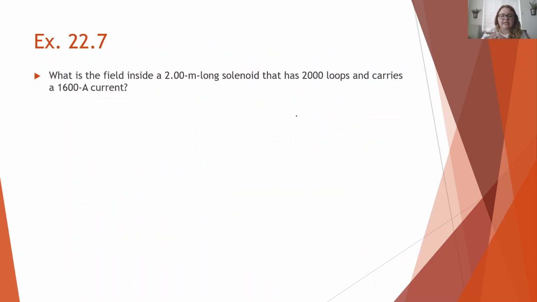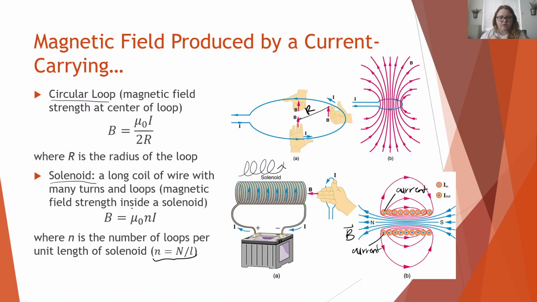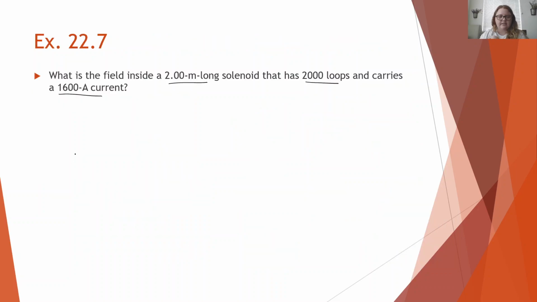So let's look at a quick example of this. It asks, what is the field inside a 2-meter long solenoid that has 2,000 loops and carries a 1,600 amp current? So we're looking at solenoids. So that's going to be B is equal to mu naught n I. And n is equal to the number of loops divided by the length.